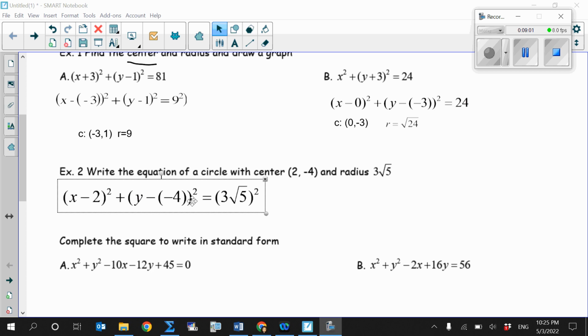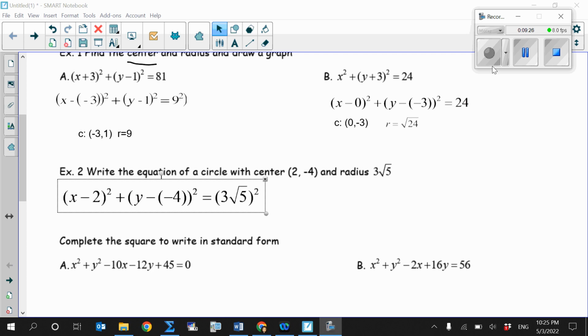Now I can simplify this. Negative times negative is positive, so this will be y plus 4 squared, and then 3 root 5 to the power of 2 will be 3 squared, which is 9, and root 5 to the power of 2, which is 5. So it will be 9 times 5, which is 45.